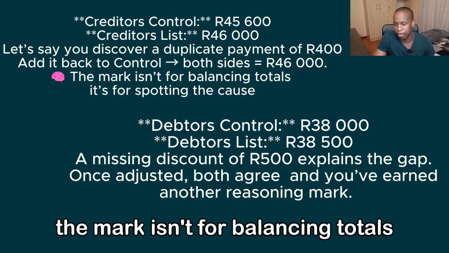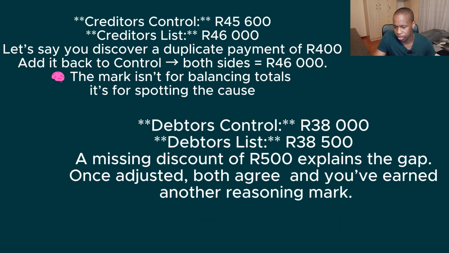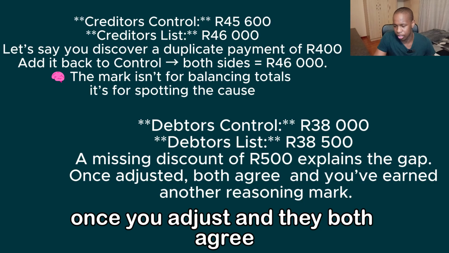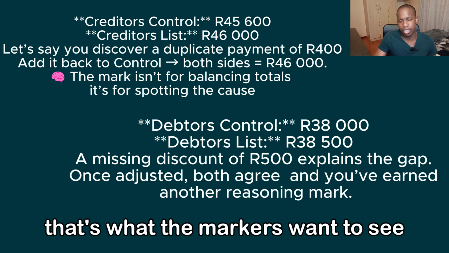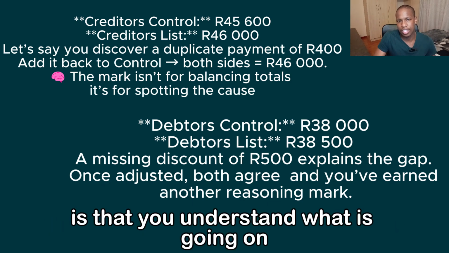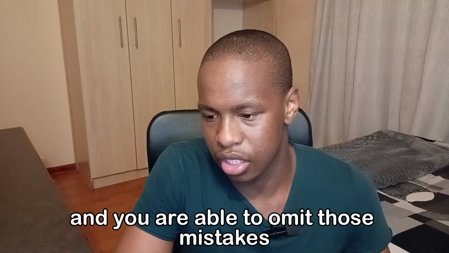The mark isn't for balancing totals. It's for spotting the cause. Once you adjust and they both agree, you have earned another reasoning mark. That's what the markers want to see, is that you understand what is going on and you are able to omit those mistakes.